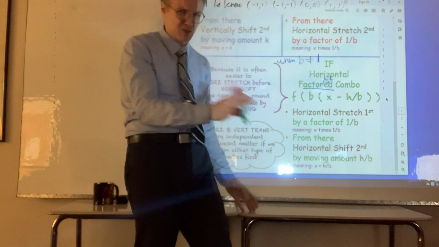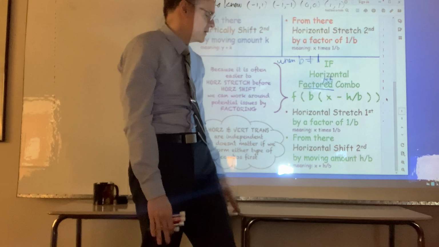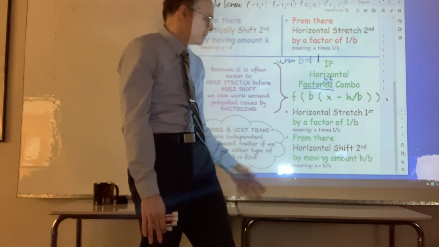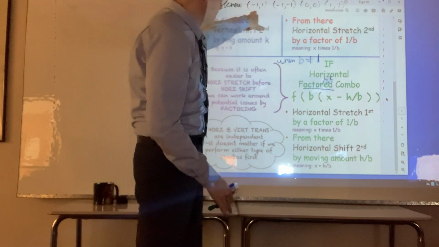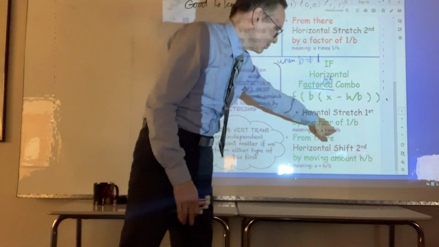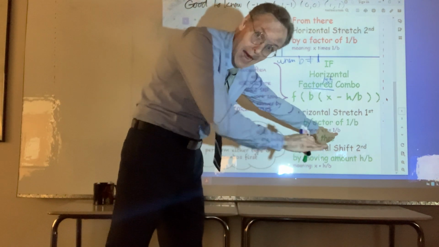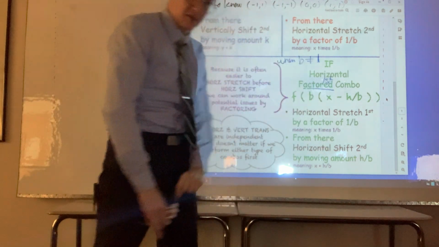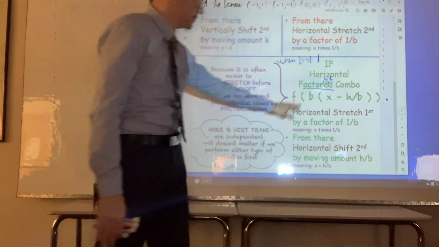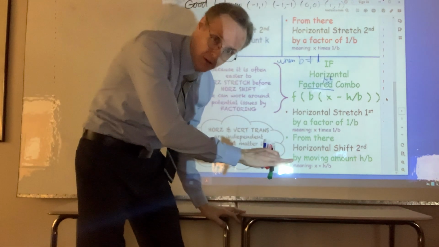That's a little tricky. We'll give you an example momentarily to see the point, but that's basically it in a nutshell. You take your x values and then you multiply by 1 over whatever b happens to be at this point. You figure out what b is only after it's factored.